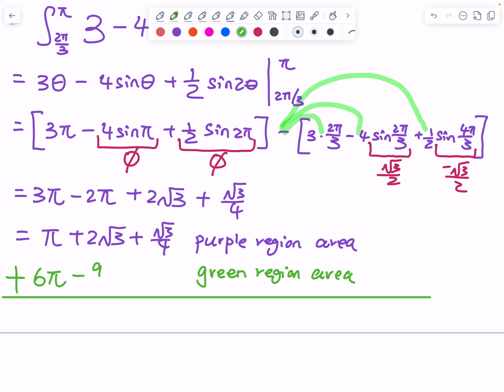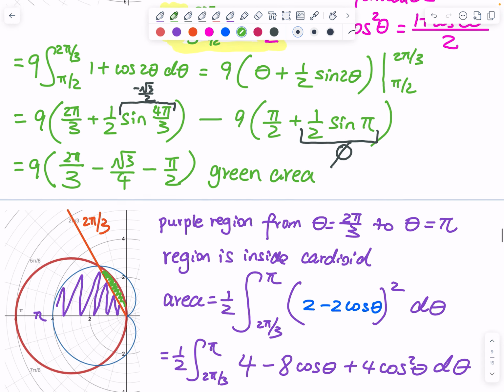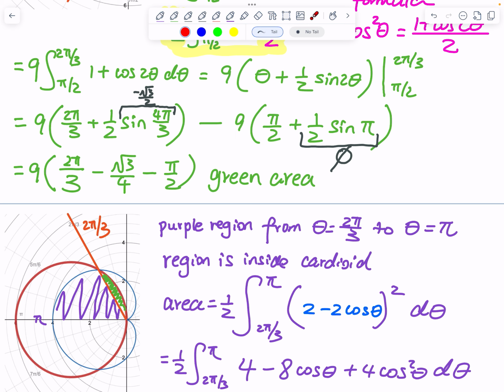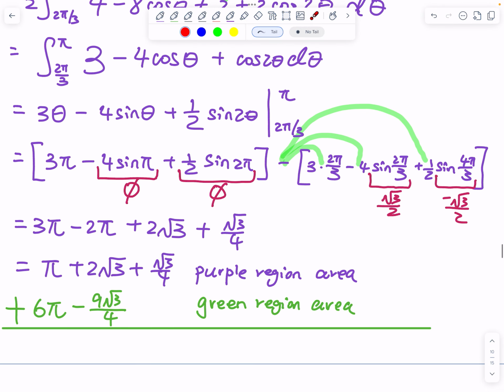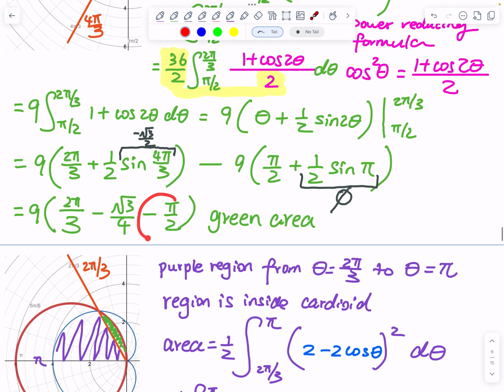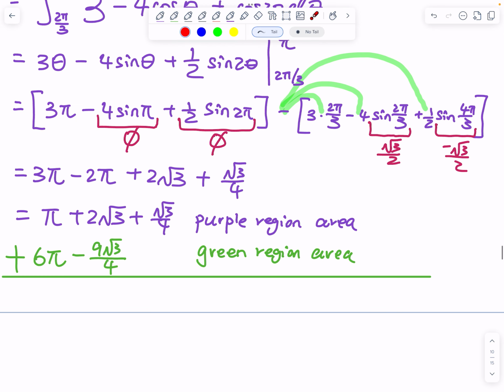Oh, okay, 9 root 3 over 4. And then next, 9, so that will be 9 pi over 2. Plus or minus? Minus. Okay, minus 9 pi over 2.